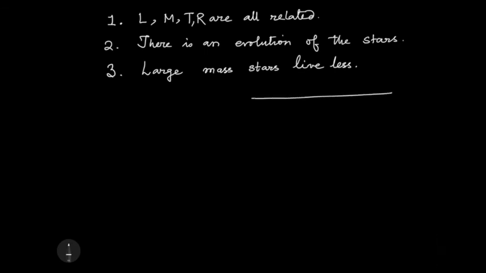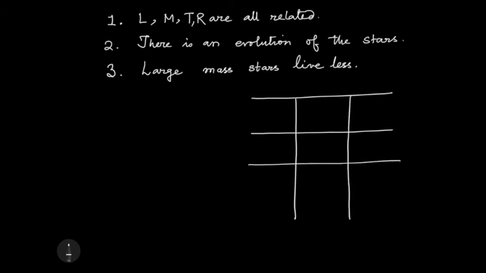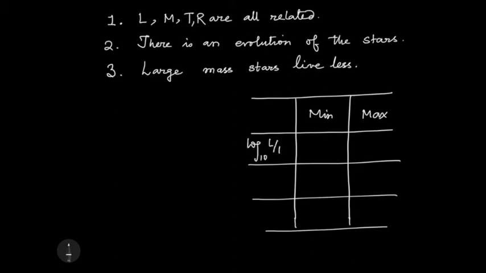And let me give you a very rough estimate of what is the range of these quantities we are looking at. Again, it's a very rough estimate because these numbers are not quite accurate, but still, let me give you some idea. So what I'll do is, I will plot the minimum and maximum numbers observed for the quantities like log 10 of luminosity with respect to solar luminosity, mass with respect to solar mass, temperature with respect to solar temperature.